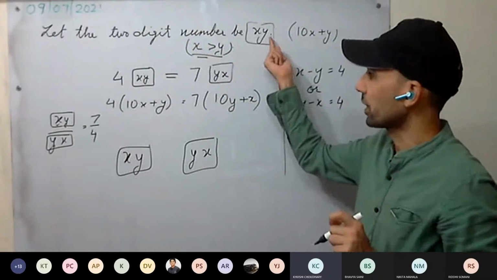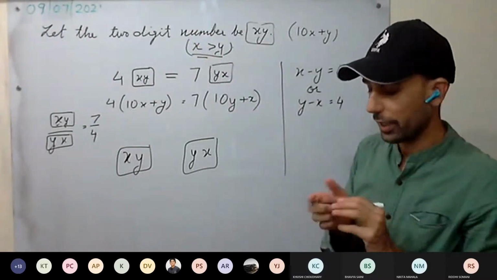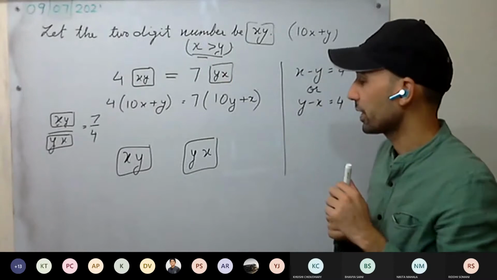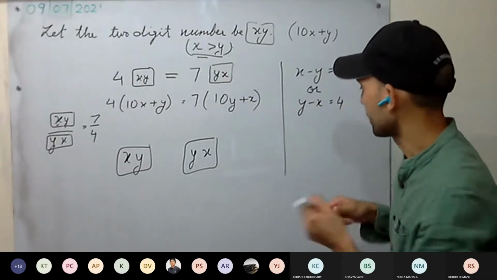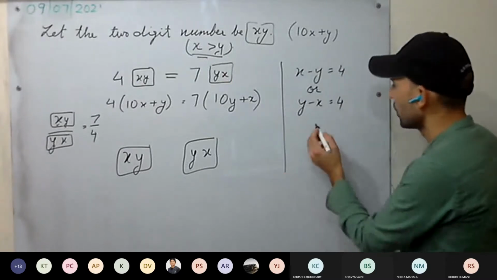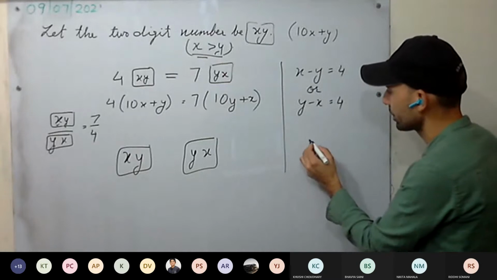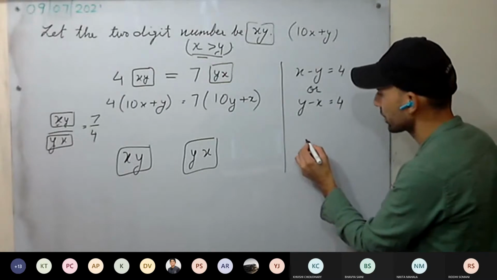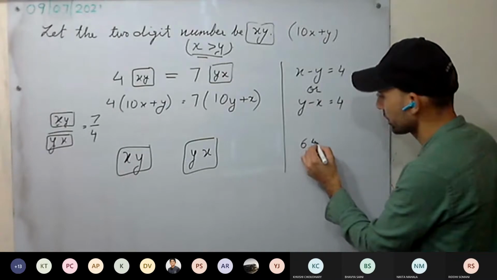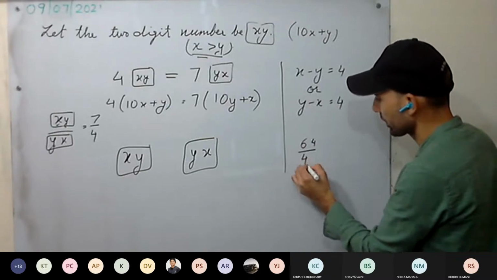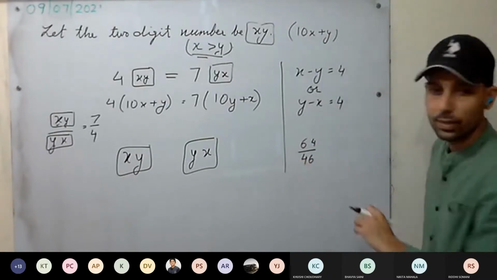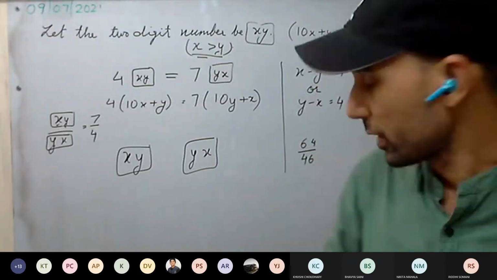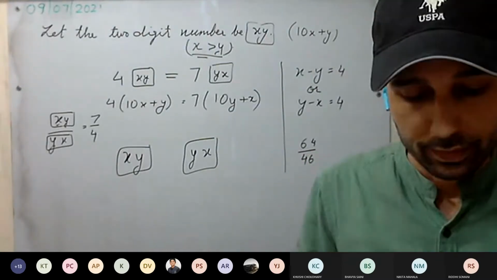Two-digit number we have taken this one. I'll give you an example. We take two numbers such that, 64 and 46.